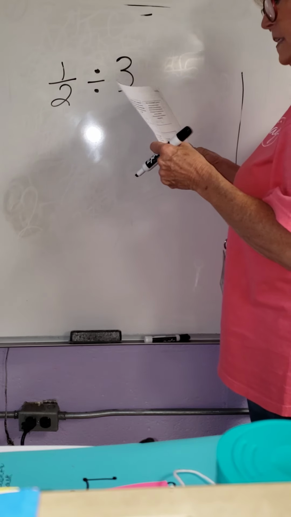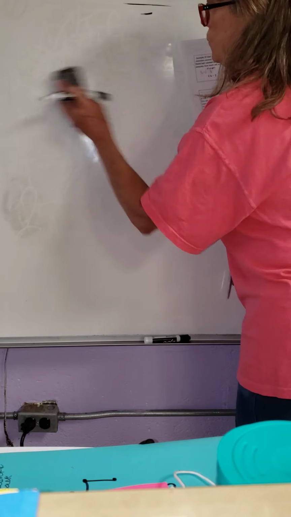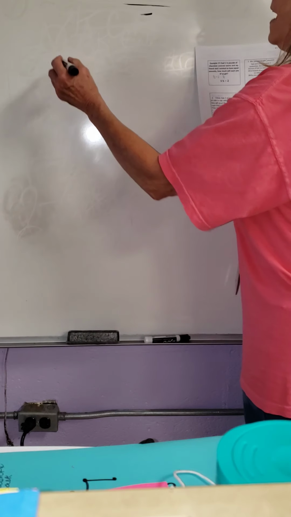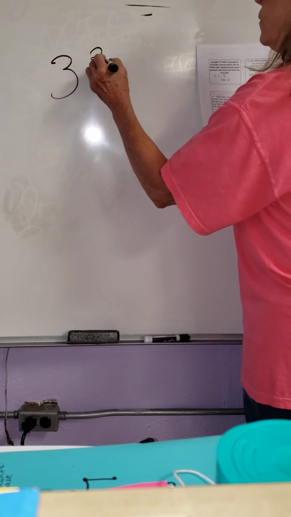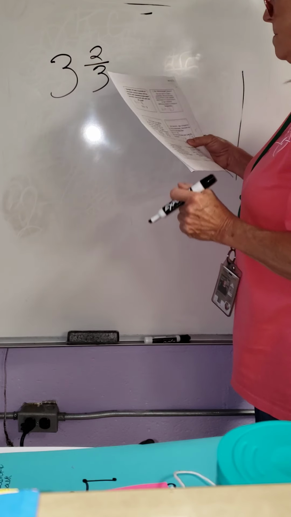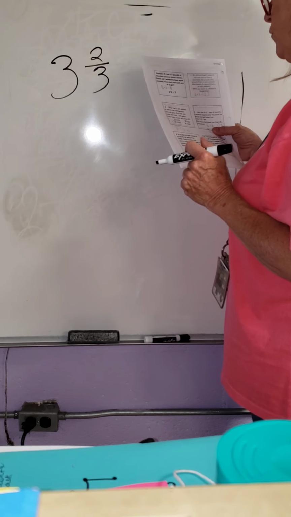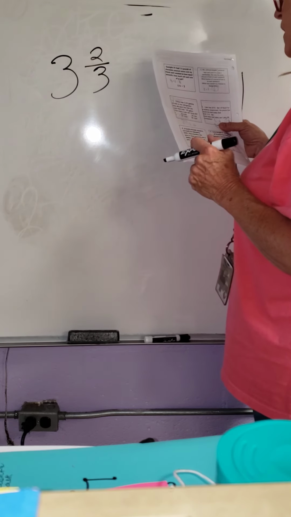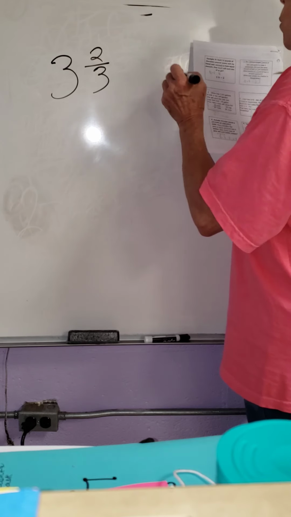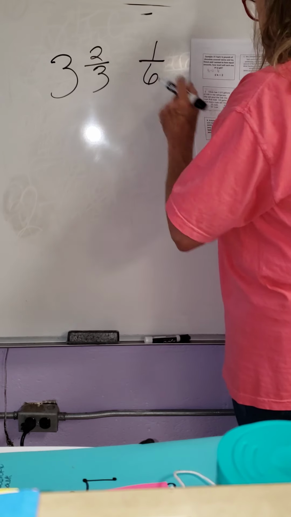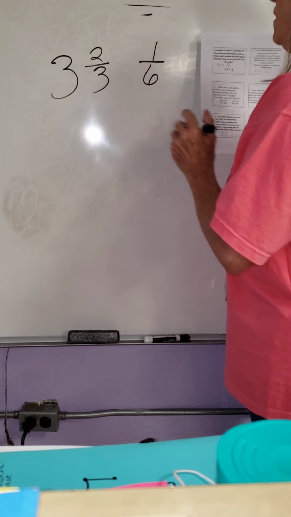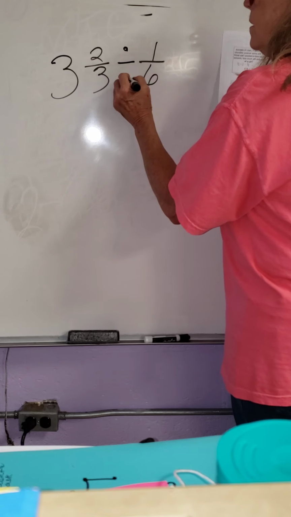We did this one in class also, so let me do it in class for you. Olivia has 3 2/3 gallons of milk in her refrigerator. She's going to pour the milk into cups that hold 1/6 of a gallon. How many cups will that fill? So think of this.